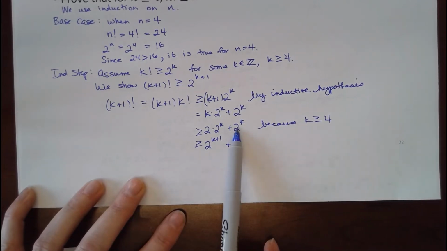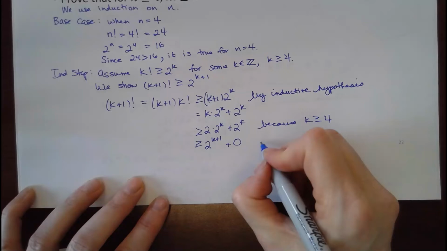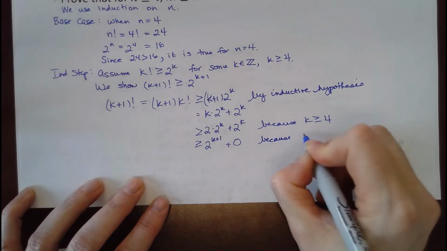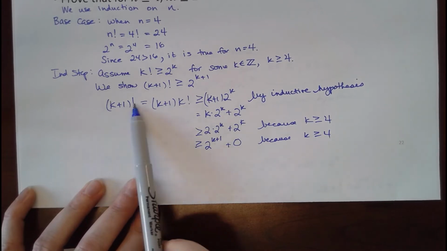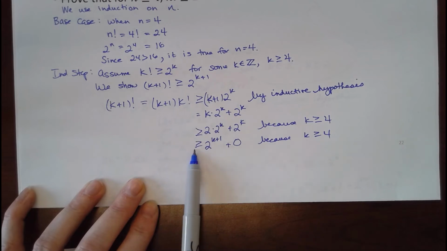Certainly, because again, k is still greater than or equal to 4, so this is 16 or bigger. If I replace it with 0, then this one is definitely bigger than that one. And that's exactly what I set out to prove: that k plus 1 factorial is indeed greater than or equal to 2 to the k plus 1.